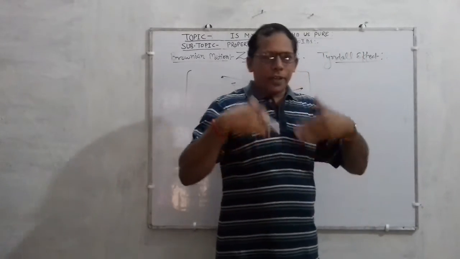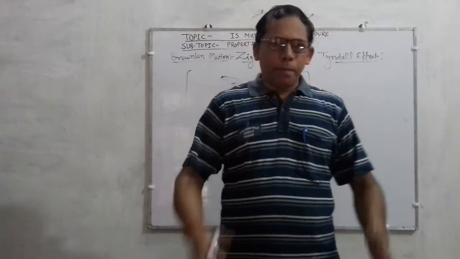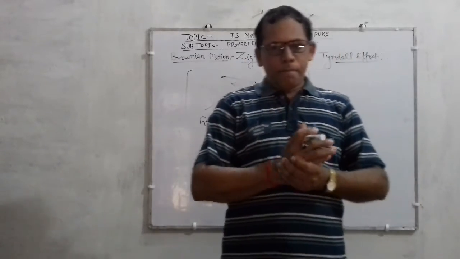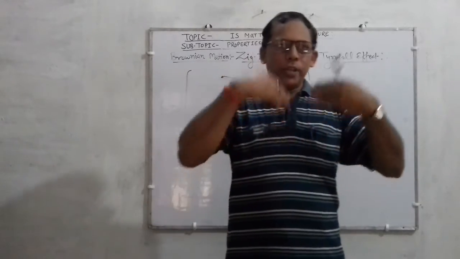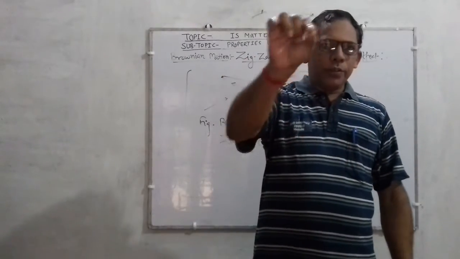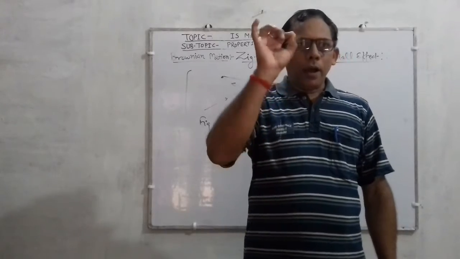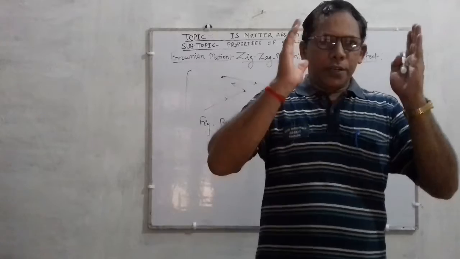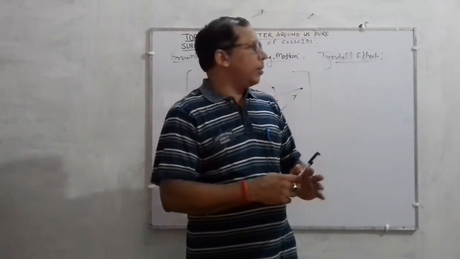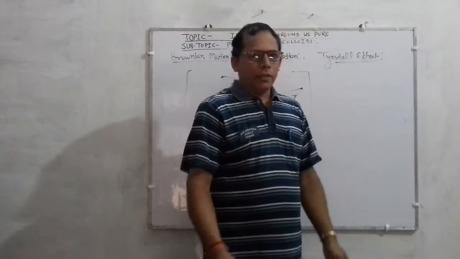When an intense beam of light is passed through a colloidal solution, the beam of light gets illuminated with a bluish light and forms a cone, called Tyndall cone, and the phenomenon is called Tyndall effect.